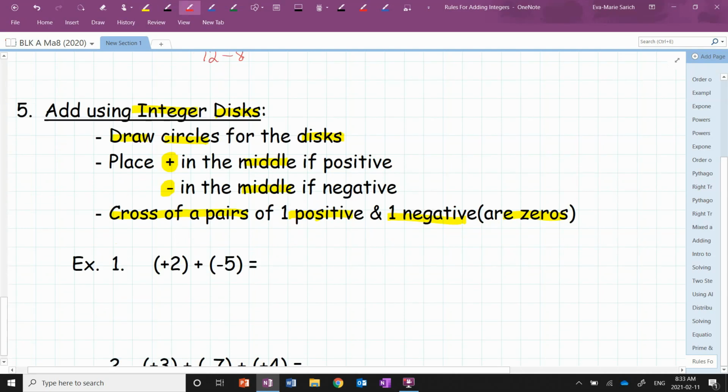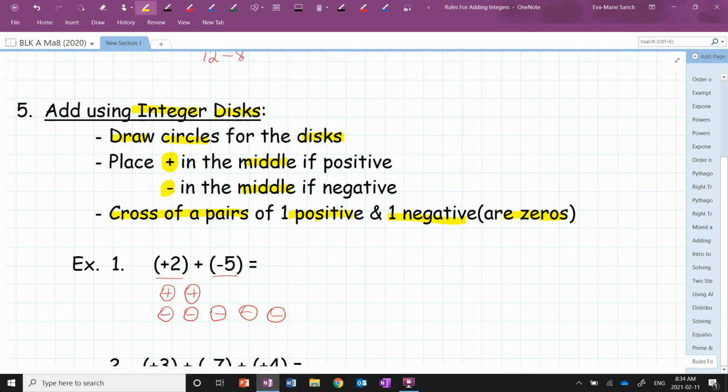So let's look at the first example. 2 positives. So I'm going to draw 2 circles, and I'm going to put plus signs in them. Now, it's easiest if we match up all the positives on one row and all the negatives on another row, because then it's just easier to cross out your zeros. So now we're going to add to that negative 5. That means I have to draw 5 circles for discs and put negative signs in them.